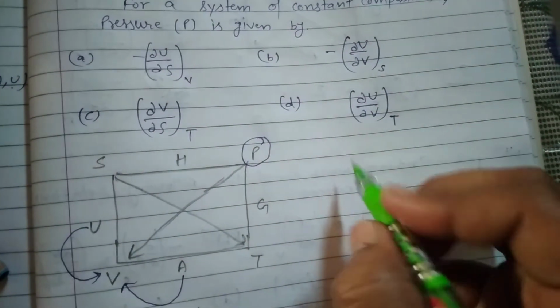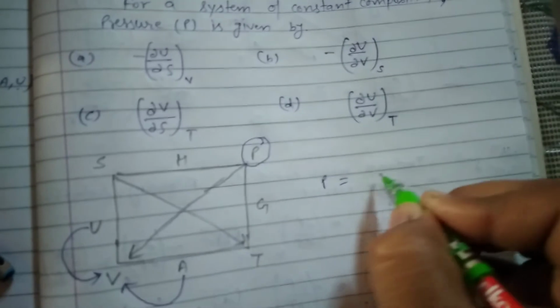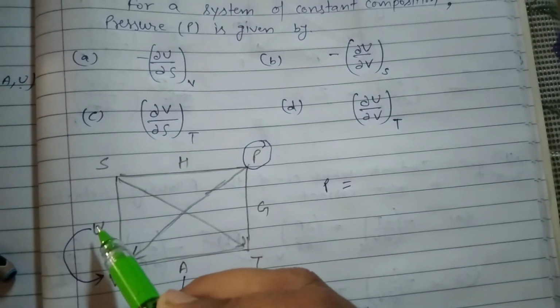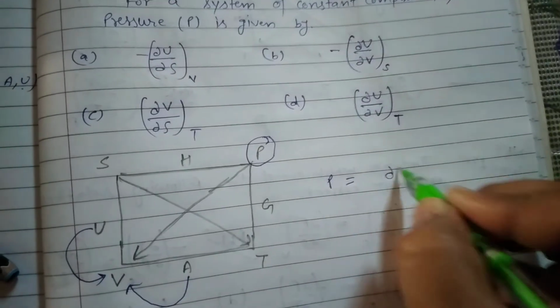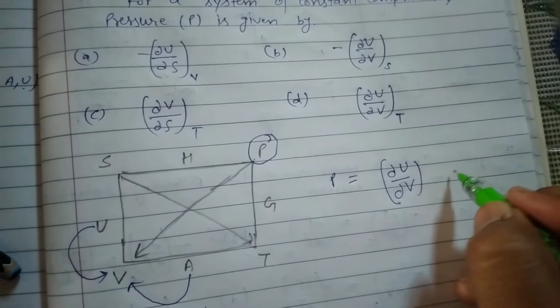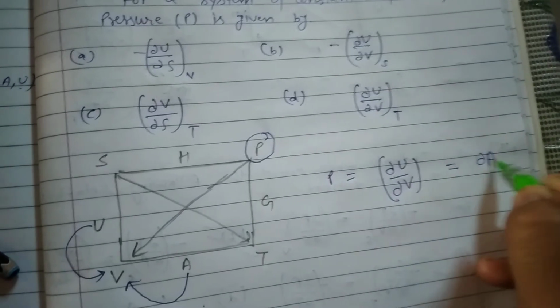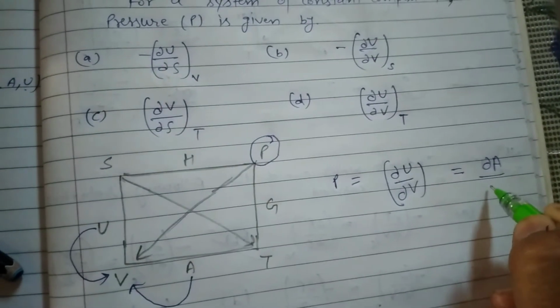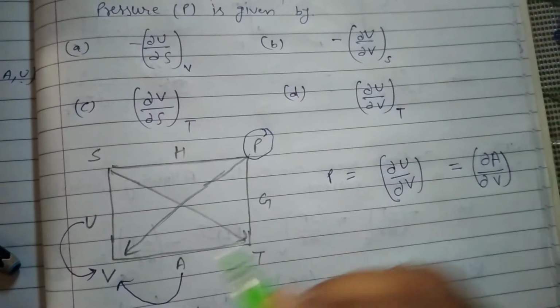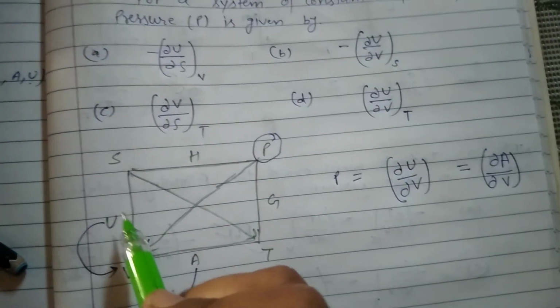So P is equal to, and then we have to write the partial derivative of these functions with respect to volume. Curly A by curly V, that is, the partial differentiation of A by V. Now we have to write the constants.